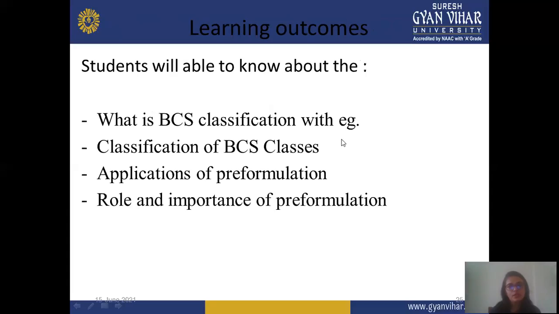Next, in this application part, you should know what pre-formulation is. This is all about pre-formulation and BCS classification. After completion of this topic, you will have complete information about BCS classification. What is BCS classification? How do you check it? First, explain in detail what BCS is and give examples according to its 4 classes, which example is suitable for class 1, 2, 3, and 4.